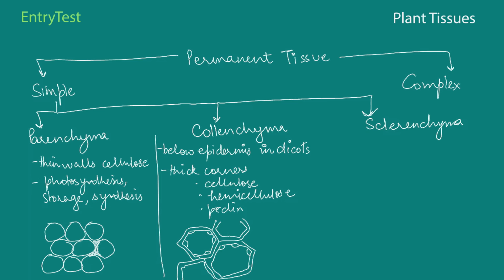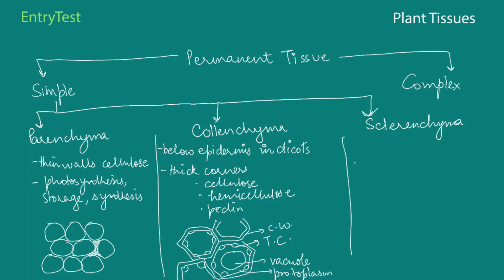And it is there in all the cells. And as you can observe, there are no intercellular spaces over here. Now within this you have the central part, which is the protoplasm. And in the middle, you have a big vacuole. So the vacuole, the protoplasm, the thick corners, and the cell wall. So that is all about collenchyma that you need to know right now.